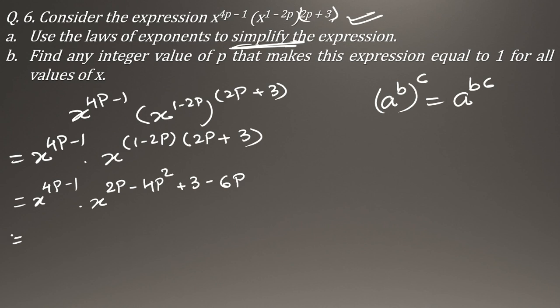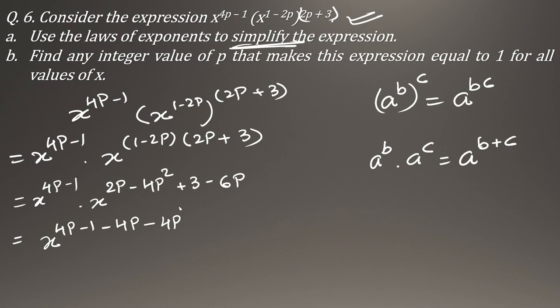Now you see, in terms of multiplication, what formula are we going to use here? a to the power b times a to the power c is equal to a to the power b plus c. So it will be x to the power 4p minus 1 plus 2p and minus 6p. It will become minus 4p. Okay, so minus 4p plus minus 4p square.